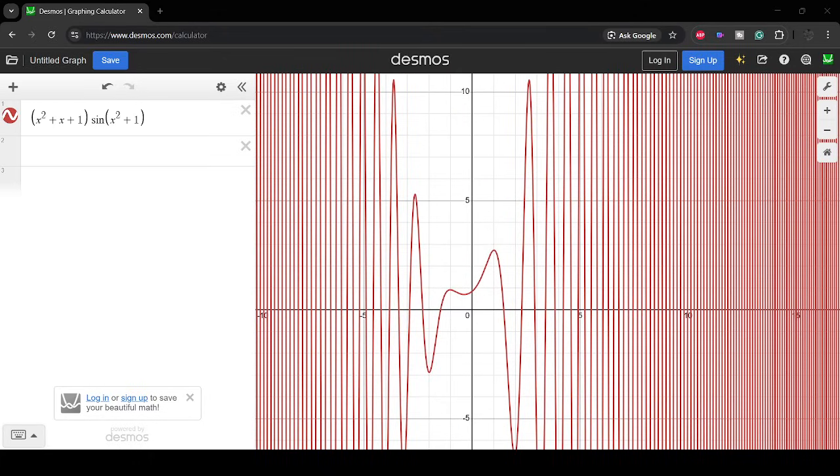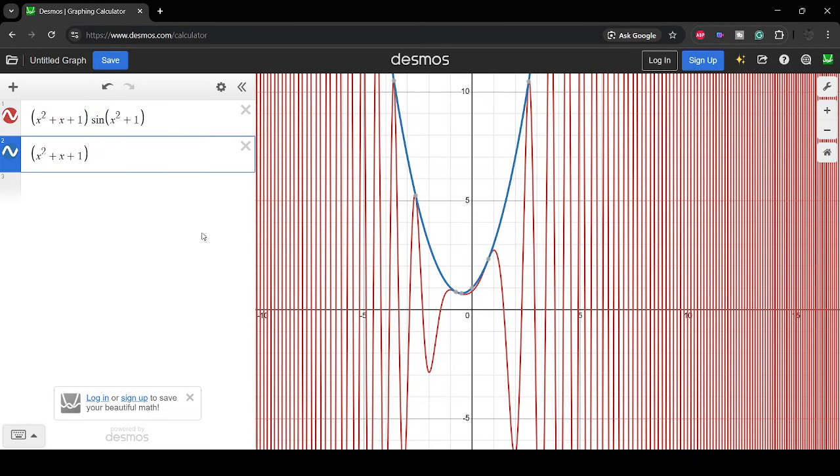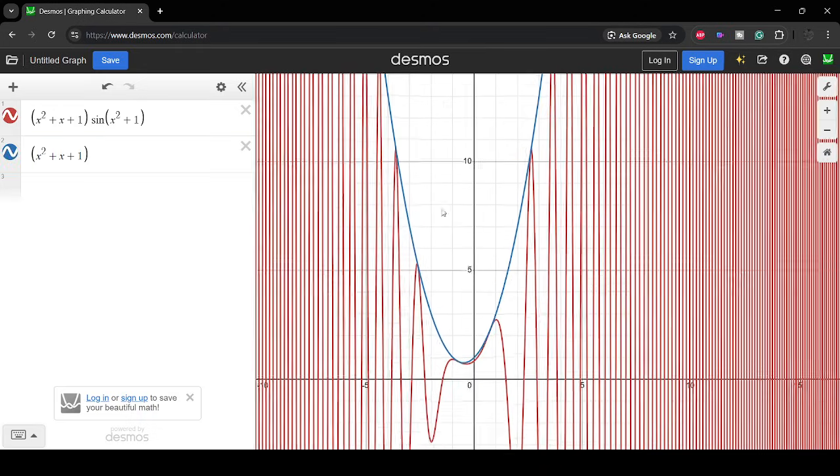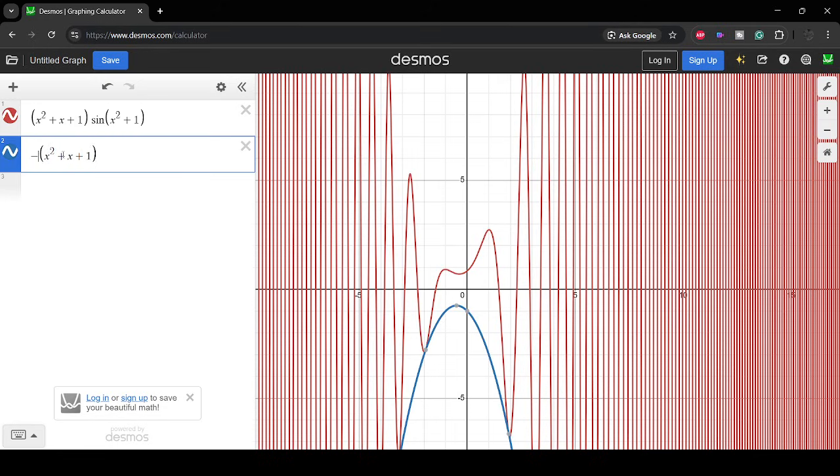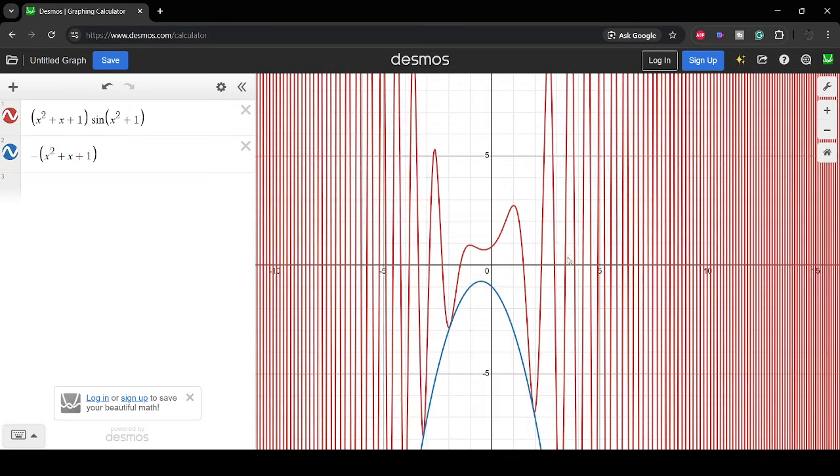Let me check. Yes, it is roughly what I drew. And if my hypothesis is right, if I sketch these separately, yes, this is bounded. My amplitude is bounded by this, and the negative version of this. Yes, I was right there too. Okay, good. And my periods decrease. So first graph, success.